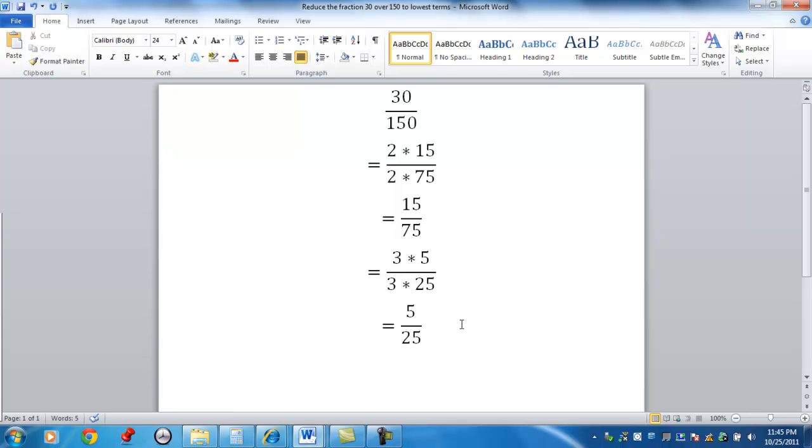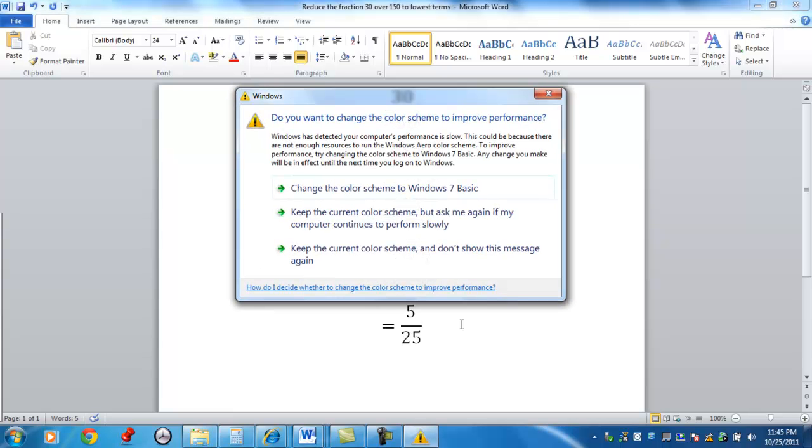The next number to check for is 5. If the numerator and denominator have a factor of 5, meaning that if the last digit of the numerator and denominator ends in a 5 or a 0, then we know that the number is divisible by 5.